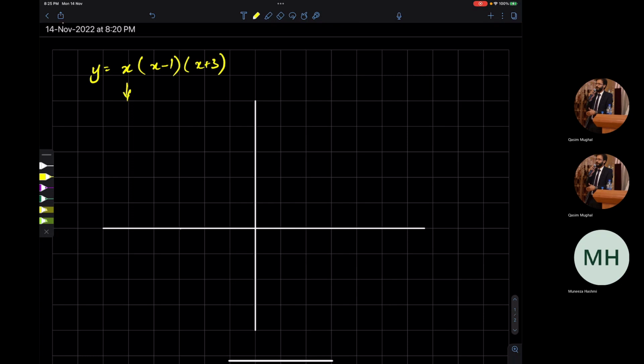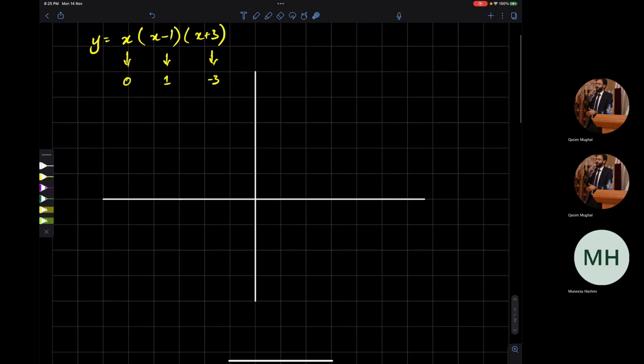For this particular first factor, can I rewrite it as x plus 0? So one of the roots is going to be 0, another root is going to be positive 1, and then it is going to be minus 3.